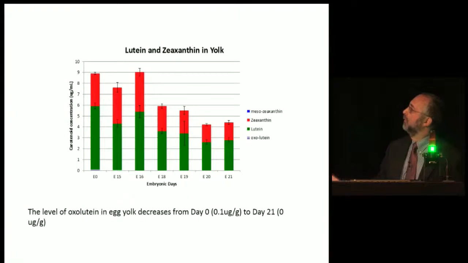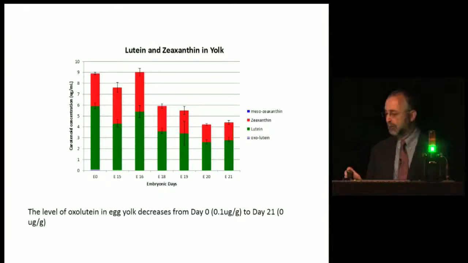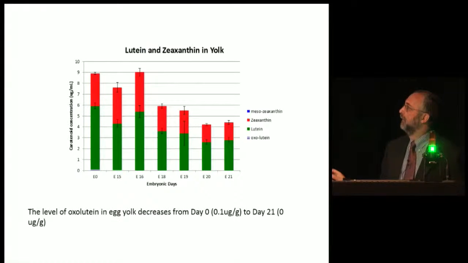The only other carotenoid we see is oxolutein, the oxidized lutein, which we see at relatively small amounts in the early phases, and this decreases over time. But there is no meso-zeaxanthin being produced in the egg yolk. We feel quite confident in that.